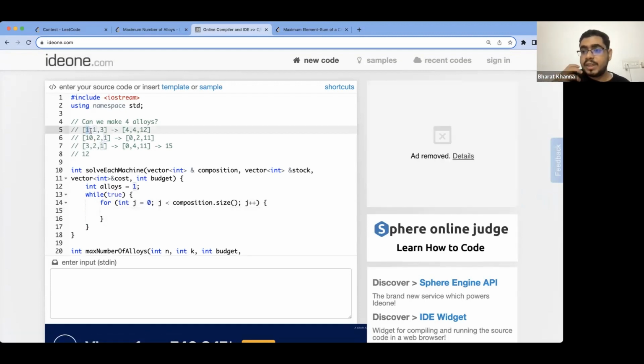Let's calculate how much extra budget we need, right? So help a little. We want to make these many alloys, right? We are at a current metal. First, let me calculate total metal needed. Can you help me? How much will it be?